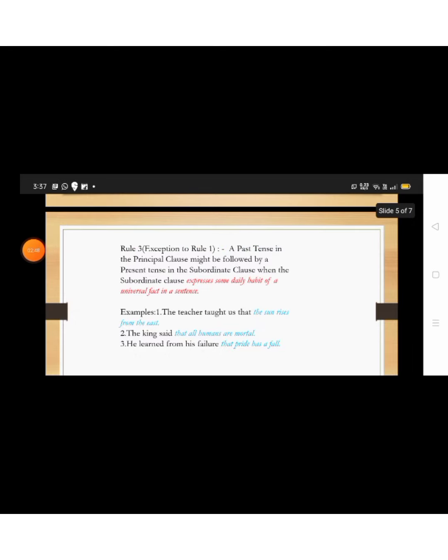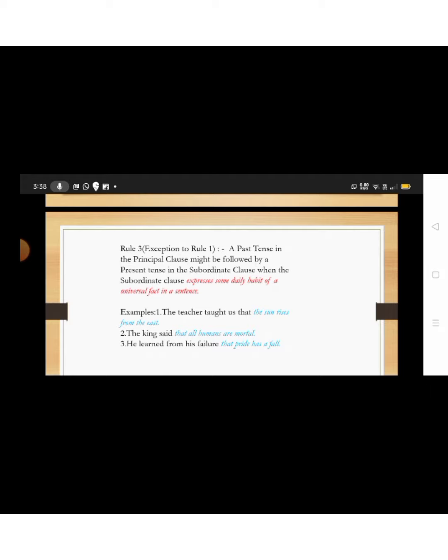There is an exception for rule 1: a past tense in the principal clause might be followed by a present tense in the subordinate clause when the subordinate clause expresses some daily habit or universal fact in a sentence.